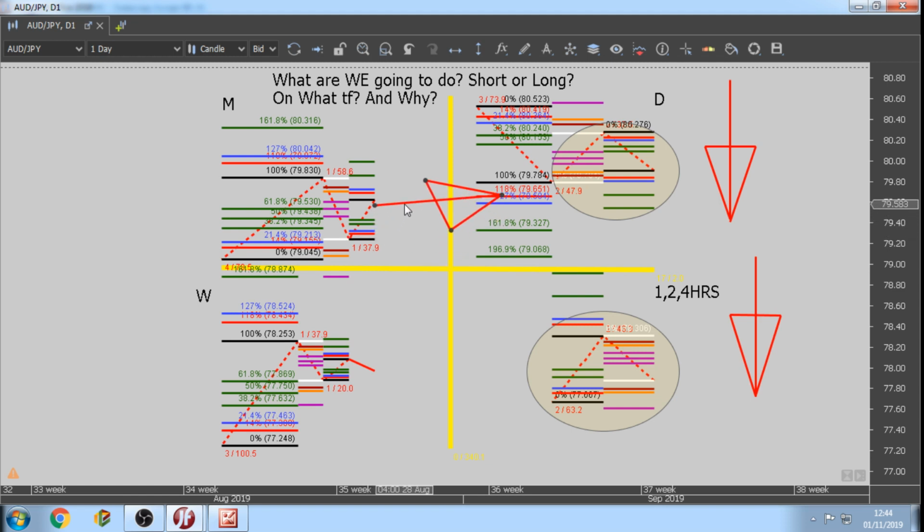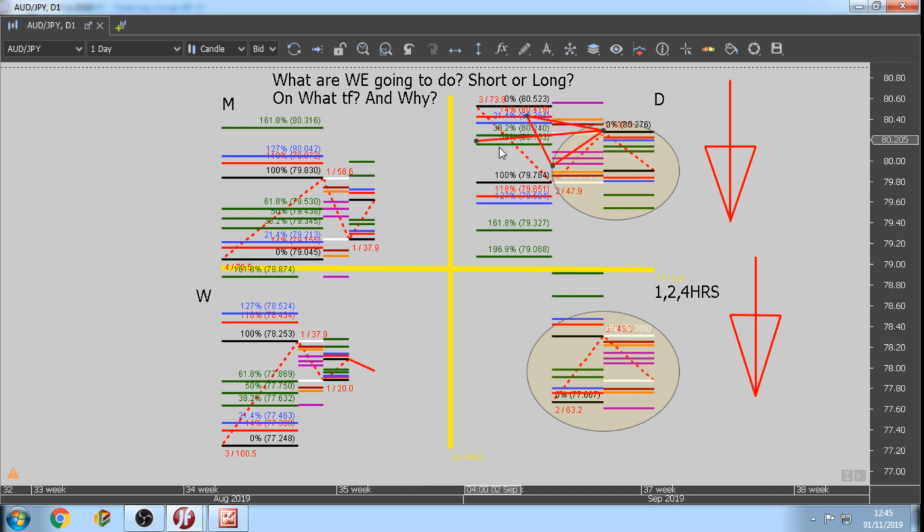You can have a downtrend on the daily and an uptrend on the weekly. Look at EuroCAD. EuroCAD daily Fibonacci is down, EuroCAD weekly Fibonacci is up. Don't mix trends with Fibonacci's on different time frames.